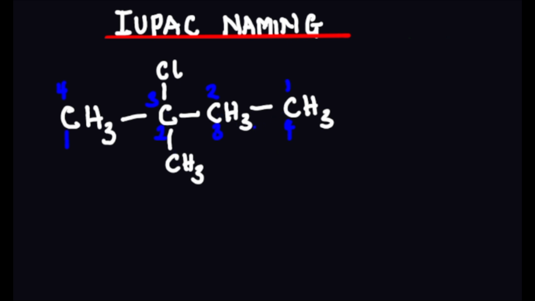So whichever way I try to number, the longest carbon chain is actually 4. So since it is 4, the name is going to be butane, right? And the reason why it's butane is because there's a single bond between the carbon atoms. Then if we now consider numbering from this side to this side, on position 2, I'm having what? A methyl group, and on carbon number 2 here, we're having what? A chlorine group, right?